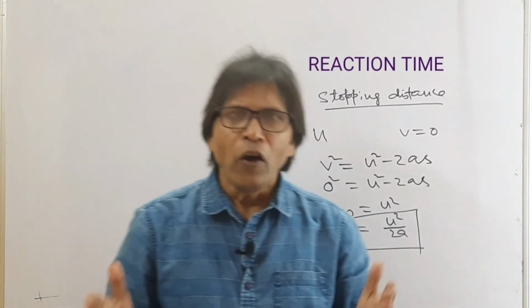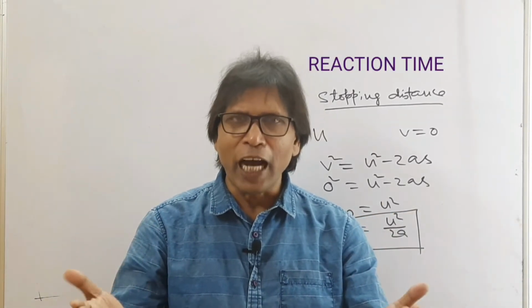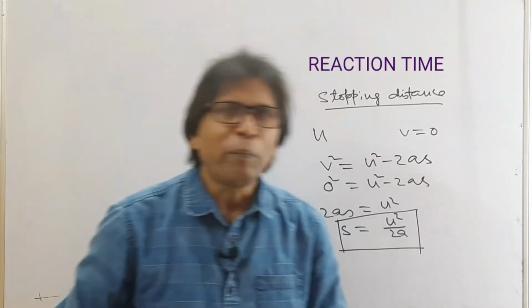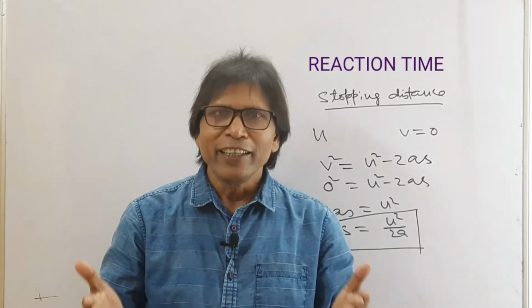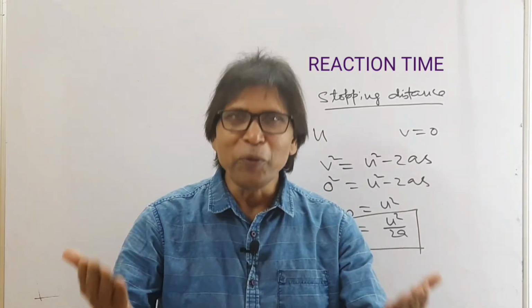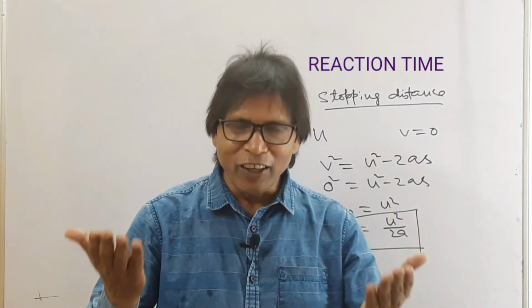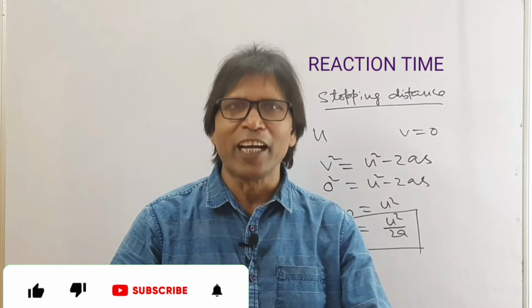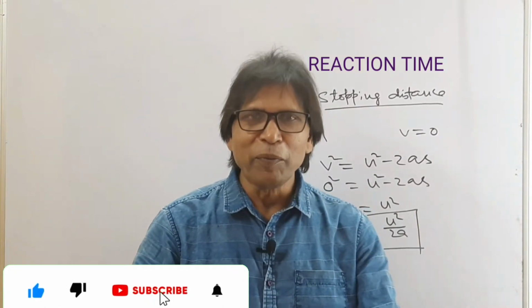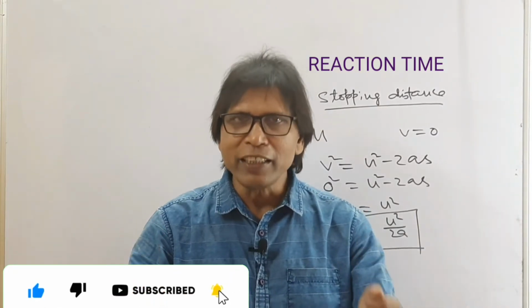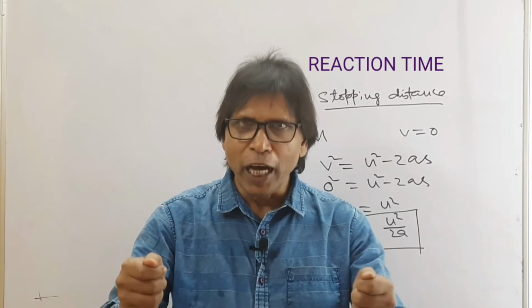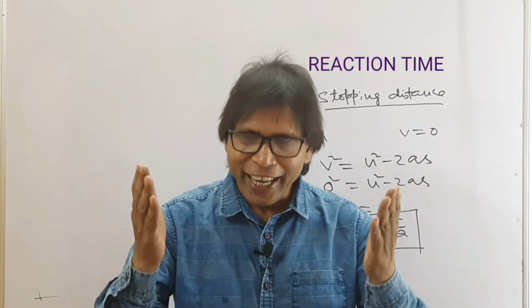Okay. When a situation demands our immediate action, but it takes some time before we really respond, this time interval is known as reaction time. So reaction time is the time a person takes to observe, think and act.